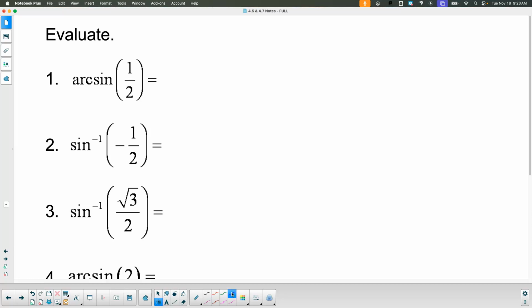So if I see arc sine of 1/2 or inverse sine of 1/2, those both mean the exact same thing. So if I see that, in my brain I am saying to myself, where on the right half does sine, is sine x or y on the unit circle?